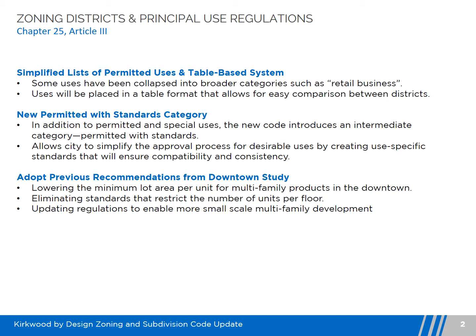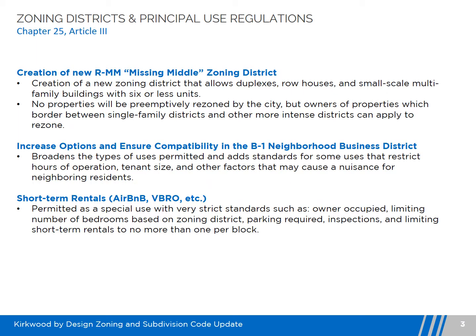One of the ways that we've addressed that is we've created a new zoning district. We called it RMM for missing middle, which was a big topic of some of these other plans. The intention of this is to allow for small-scale multifamily, like duplexes, row houses, properties with 6 units or less. And nothing is being preemptively rezoned by the city. This is a zoning district on paper right now.